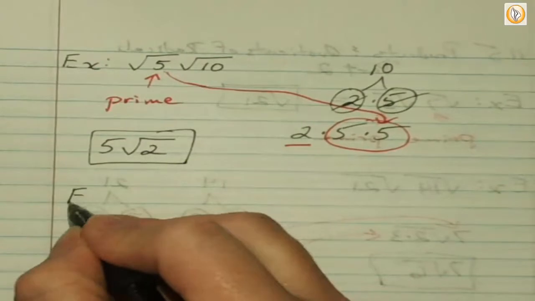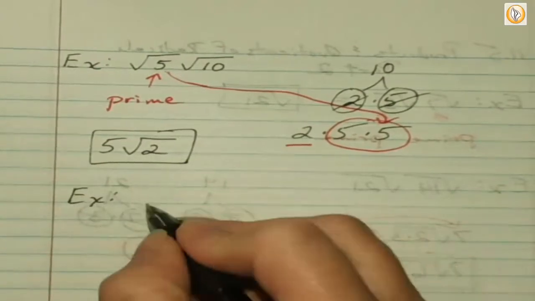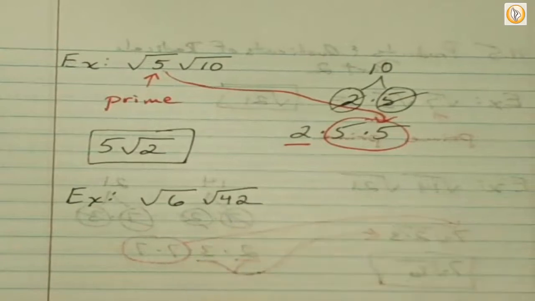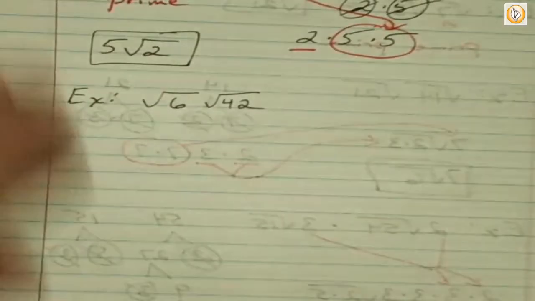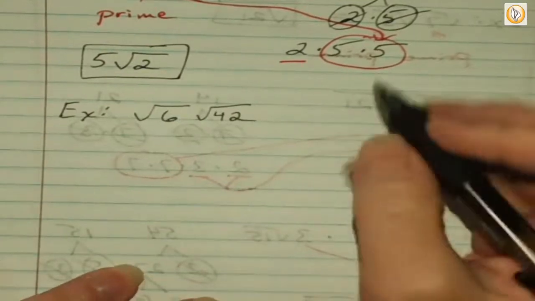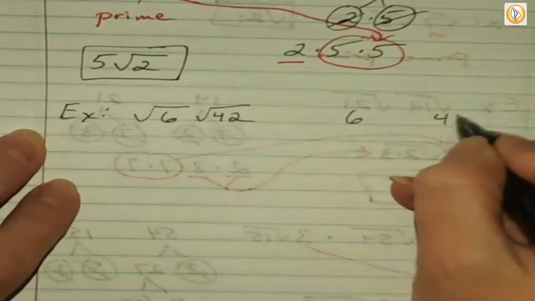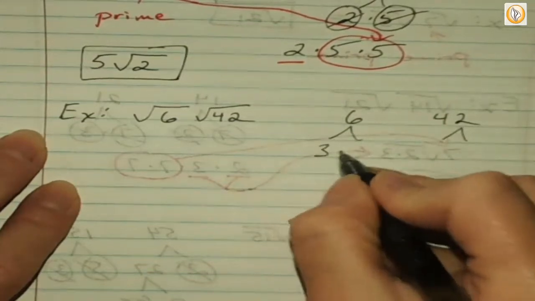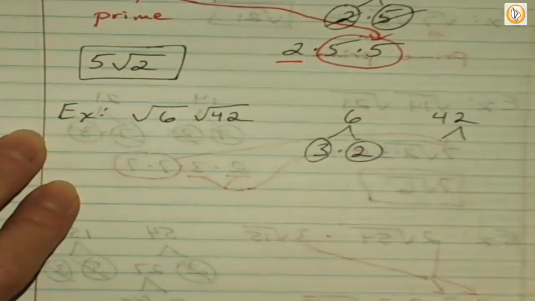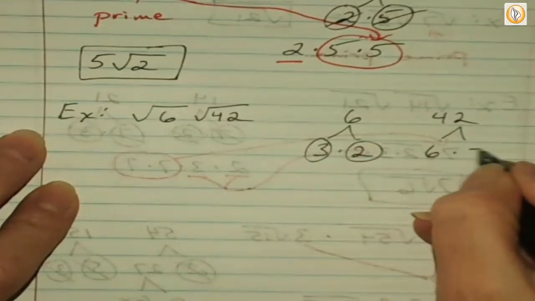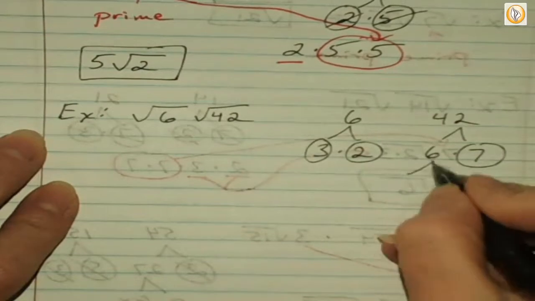Natalia, you want to do one? Square root of 6 times square root of 42. So they're both not prime, so you do a factor tree for both of them. For 6, it's 3 times 2, which are both prime. And for 42, it's 6 times 7, where 7 is prime, and 6 is 3 times 2.